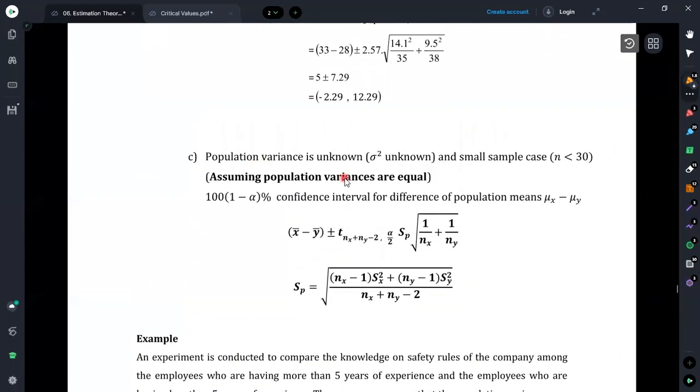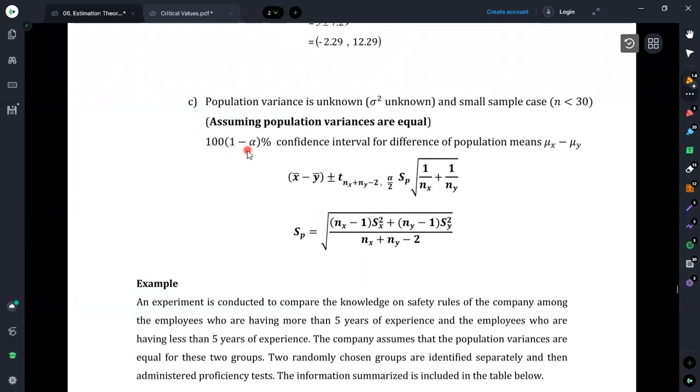If we have small, independent samples with unknown population variance, but assumed to have equal population variances, to construct the 100 times 1 minus alpha percent confidence interval for the difference of the population means mu x minus mu y, we can use x bar minus y bar plus or minus t, with nx plus ny minus 2 as the degrees of freedom, and alpha over 2 as the confidence level, and SP, the pooled sample standard deviation, times the square root of 1 over nx plus 1 over ny.